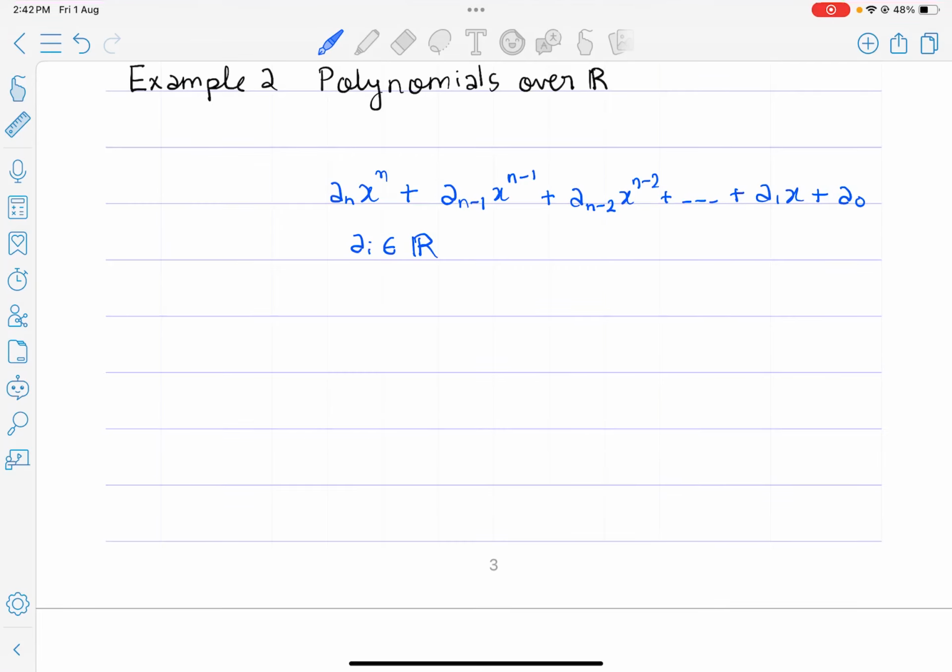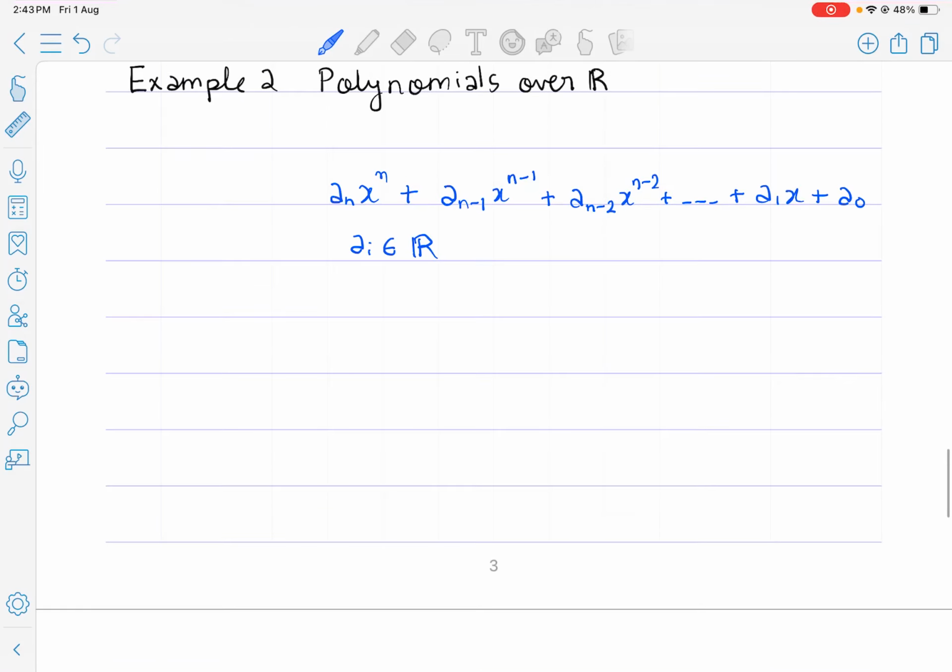Some examples would be 2x^3 plus 3x^2 plus 4, or x^3 plus 2, or x^4 plus 5x plus 2. These are examples.